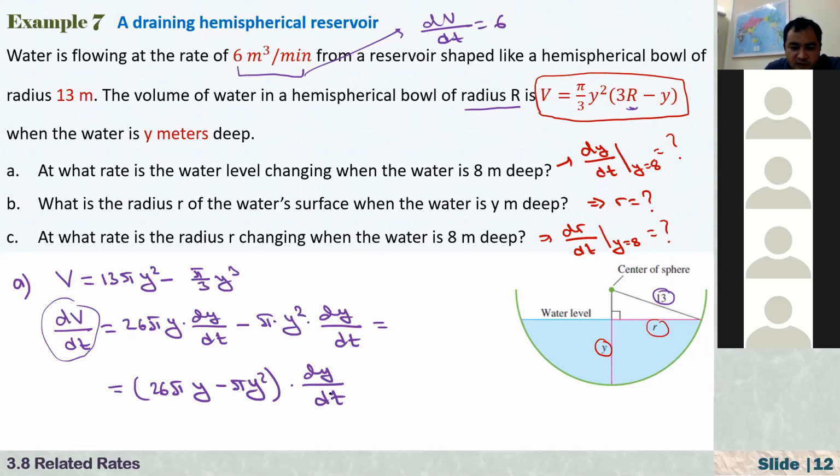So from here, dy/dt, when y is equal to 8, is equal to dV/dt, which is 6, over 26 pi times 8, minus pi times 8 squared, which is equal to something. You can simplify this, and let's see what we get here.